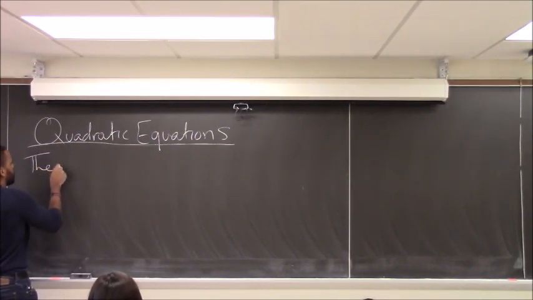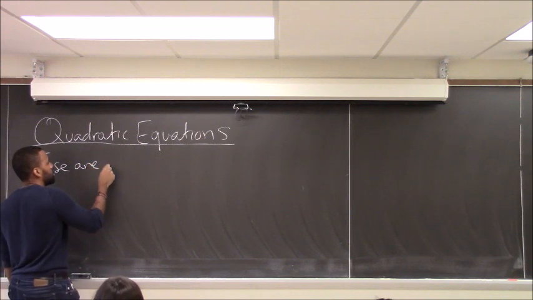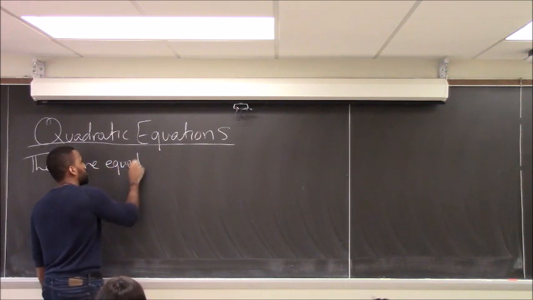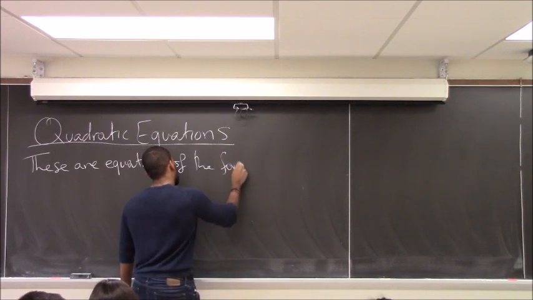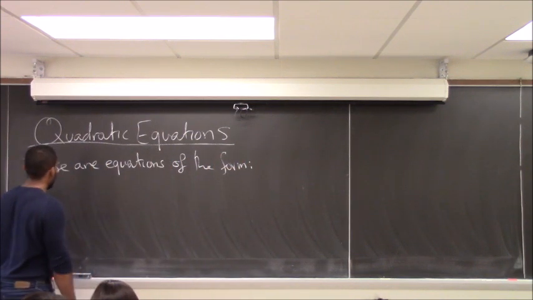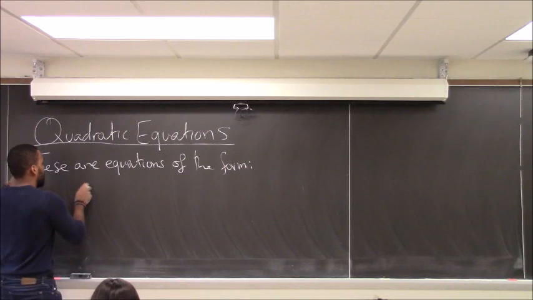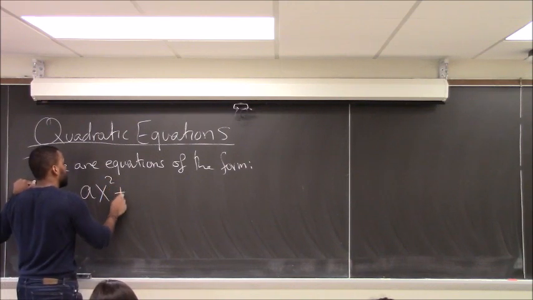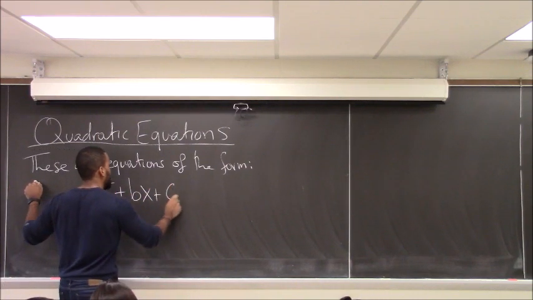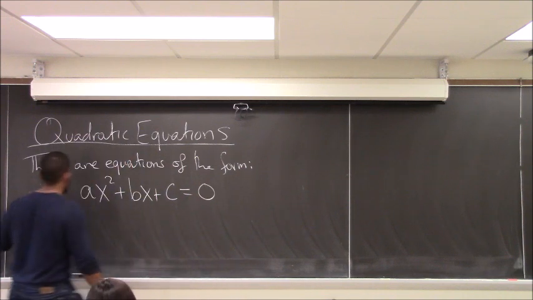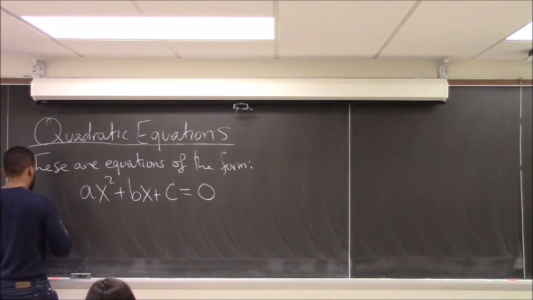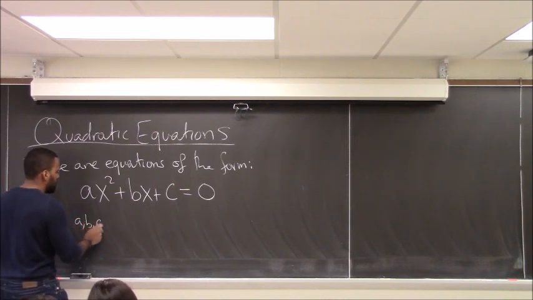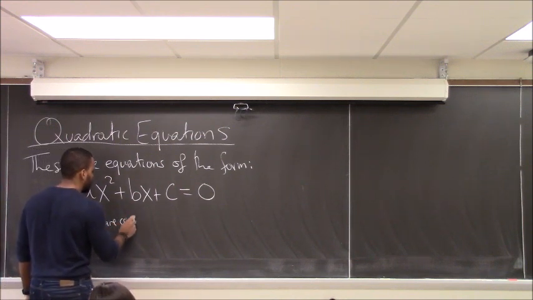These are equations of the form ax squared plus bx plus c equals 0. This is called a quadratic equation, where a, b, c are constants.